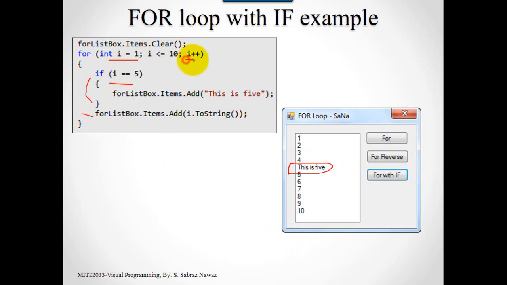And then i becomes 2, the check is done again, no, so this is executed. 3, 4, and when it becomes 5, it checks, yes, it is 5. So this code will be executed. When the value of i becomes 5, this code will be executed, and then it continues to add the number 5 here, as mentioned. Again it goes with 6, so it is checked, no, then this statement only executes. This is how it works.